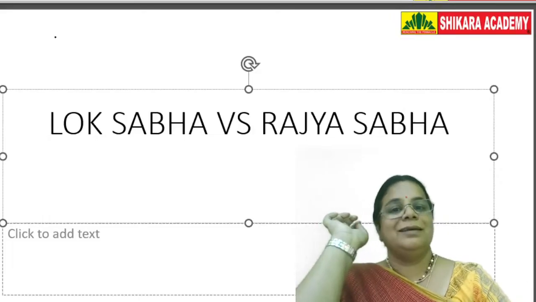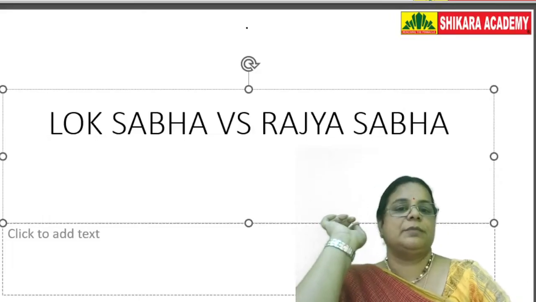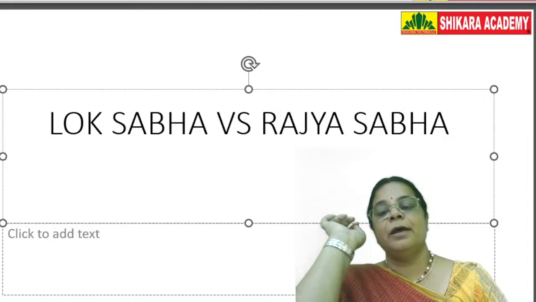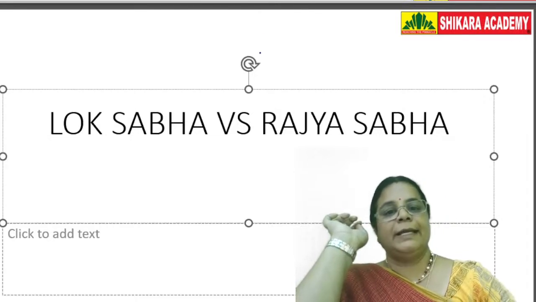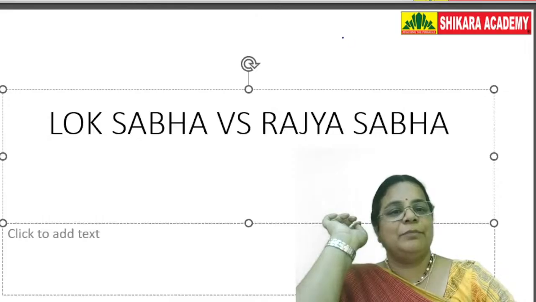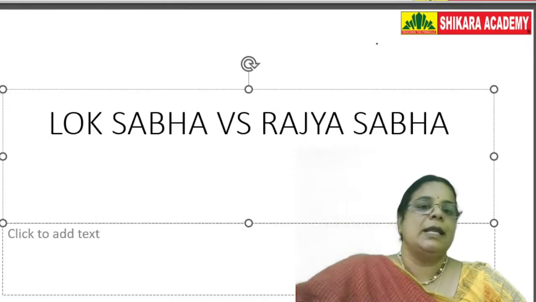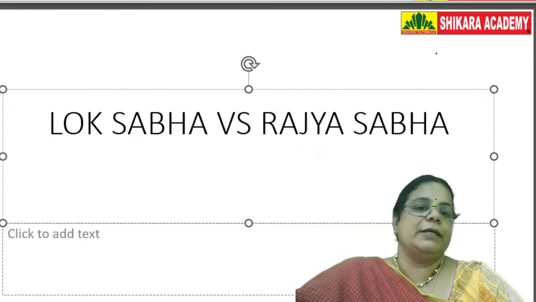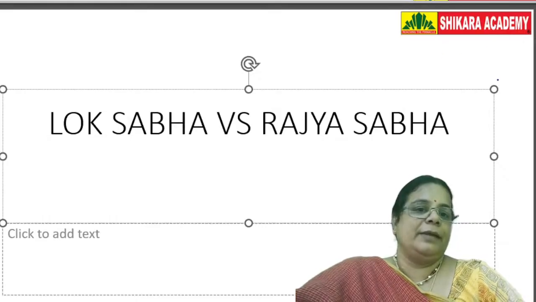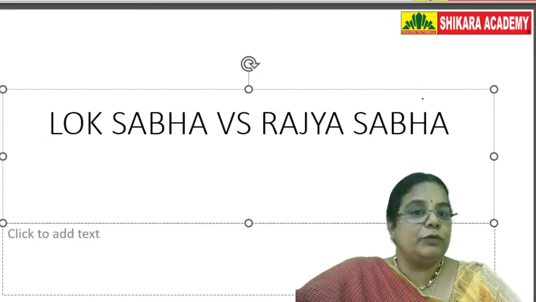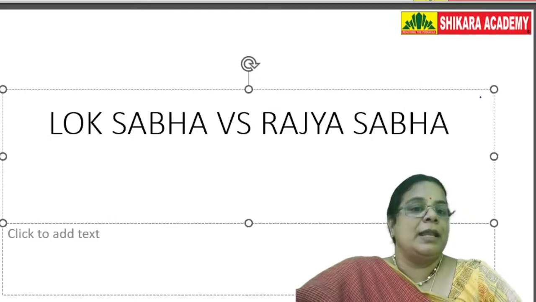Now moving forward, Lok Sabha versus Rajya Sabha. Where does Rajya Sabha have better standing in comparison with Lok Sabha in matters related to the states, like creation of All India services? Okay, All India services, it has to be approved by Rajya Sabha.